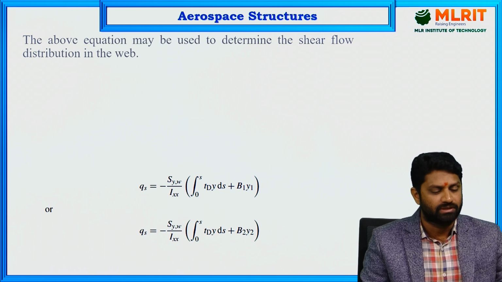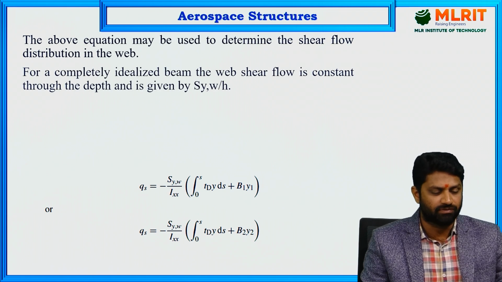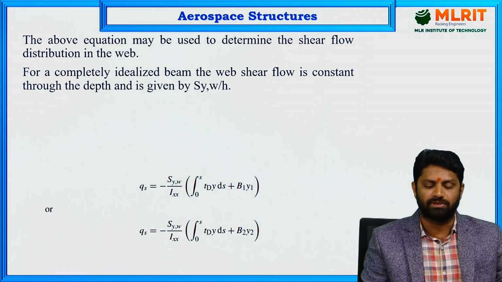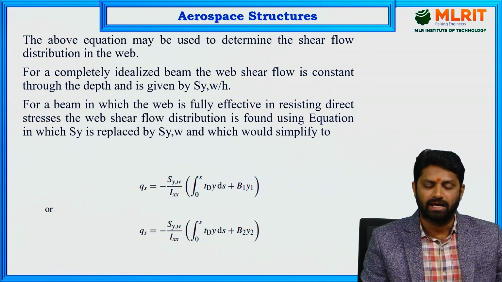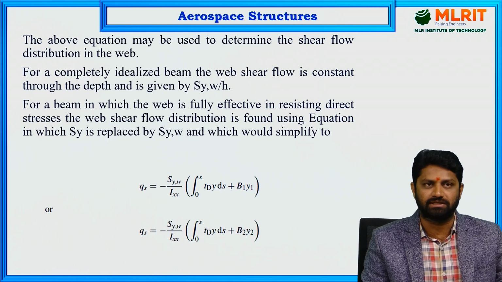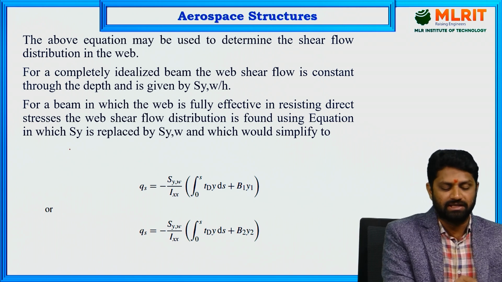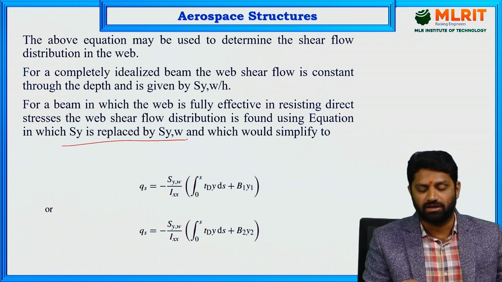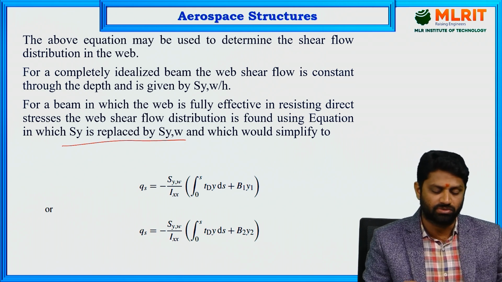Now the above equation may be used to determine the shear flow distribution in the web. For a completely idealized beam, the web shear flow is constant through the depth of the beam and is given by SYW by H. For a beam in which the web is fully effective in resisting direct stresses, the web shear flow distribution is found using the equation in which Sy is replaced by SYW, which simplifies to what is given here.